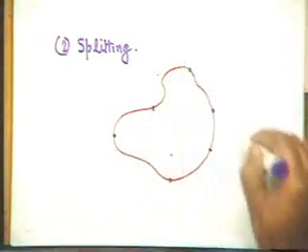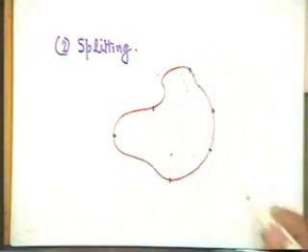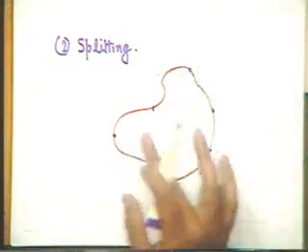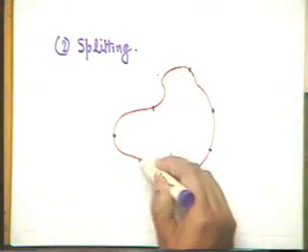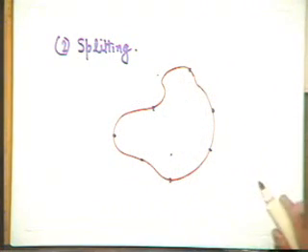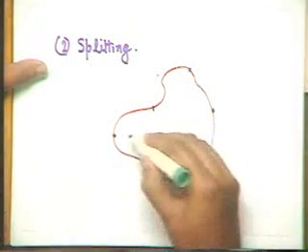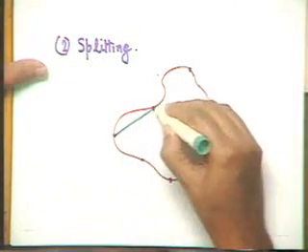Supposing we first divide this entire boundary into some arbitrary number of segments. Let us say that segments could be large segments, so that our initial approximation to the polygon could be something like this.